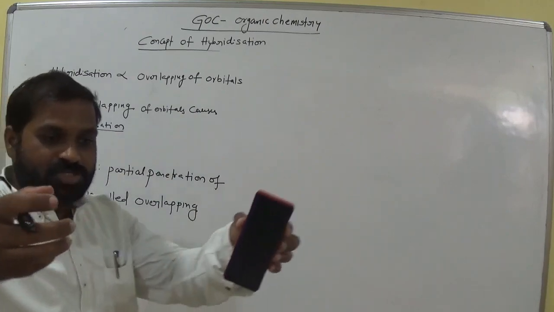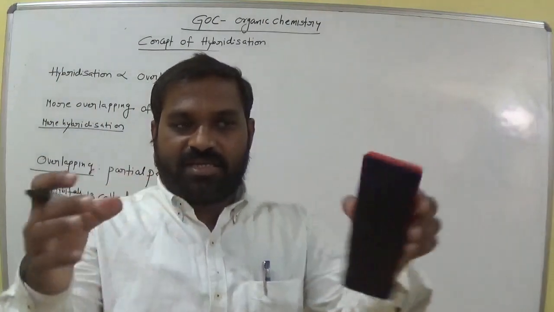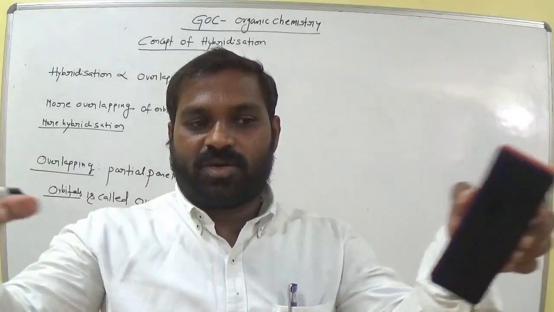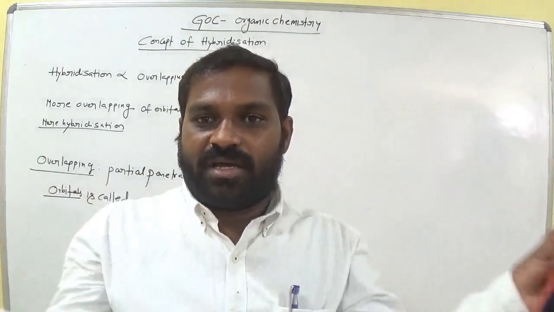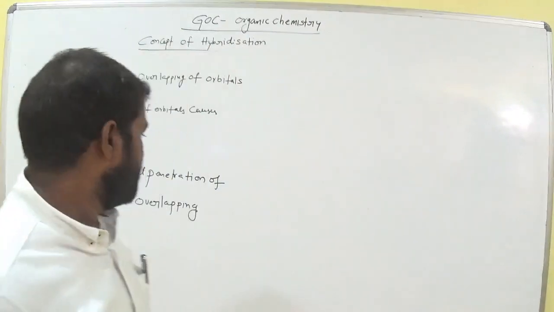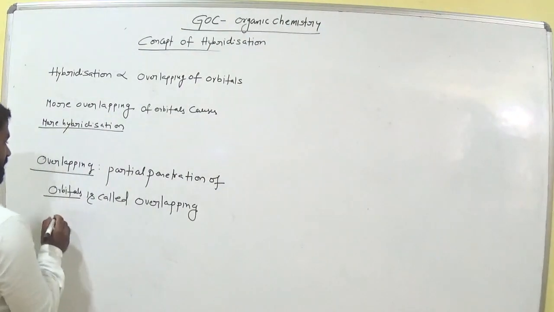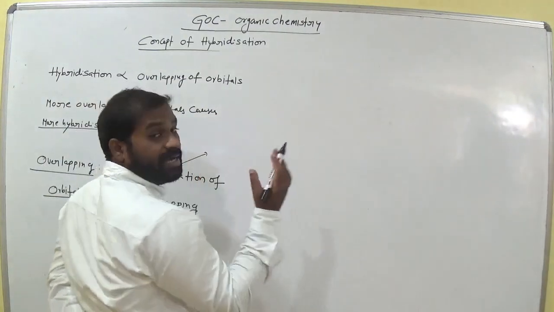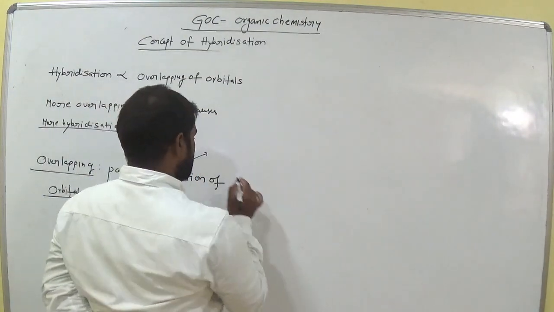Penetration means they move near together, not very close, not very far apart. Partial penetration means orbitals try to come together.